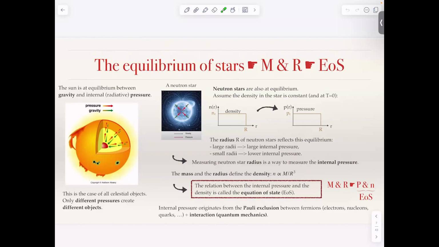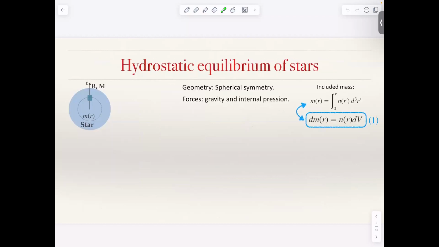Also Giuseppe Verde, who is here, will give a seminar this afternoon, I think. So we want complementary information on the equation of state, and it can be provided by the observation of mass and radii of neutron stars. This is the very simple idea behind that.